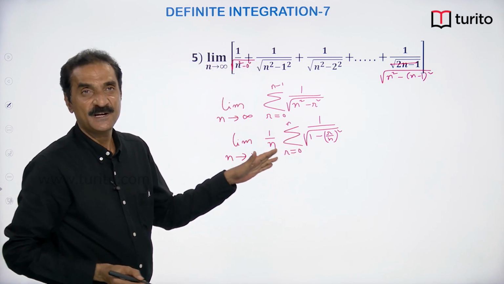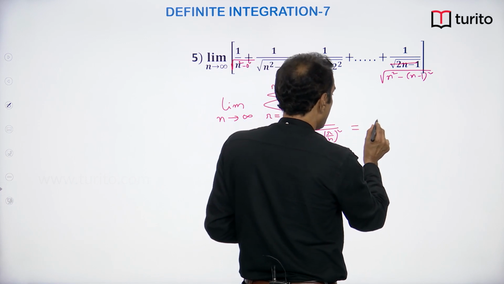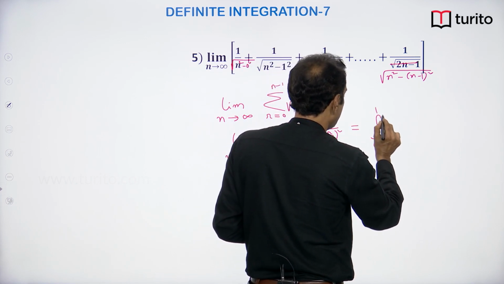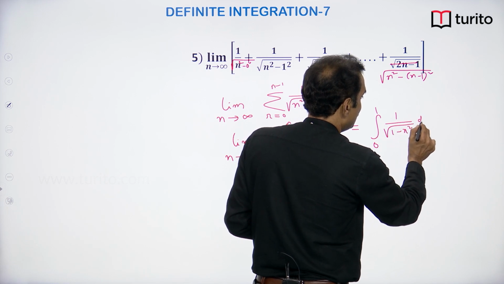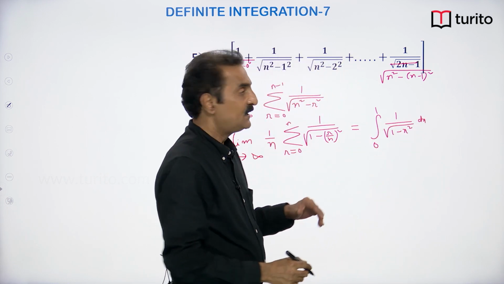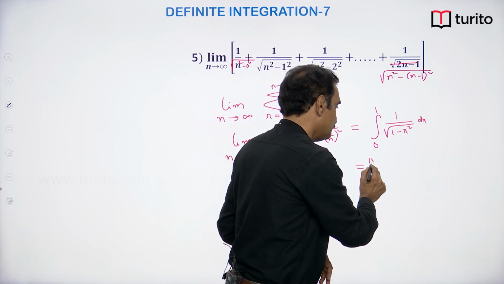Then convert into definite integral, you will get integral 0 to 1, 1 by root over 1 minus x square. Write the formula and calculate, you will get the answer pi by 2.